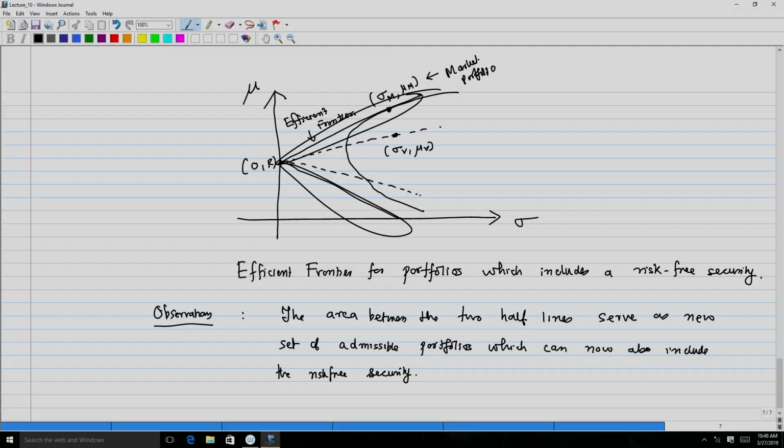So, within that region whatever lies is the collection of the feasible portfolios, which includes the risk free security also.